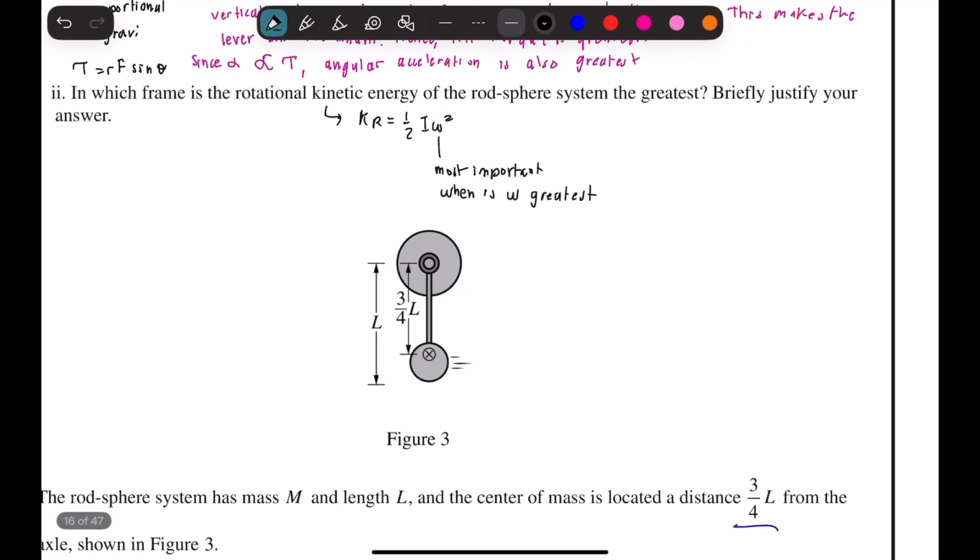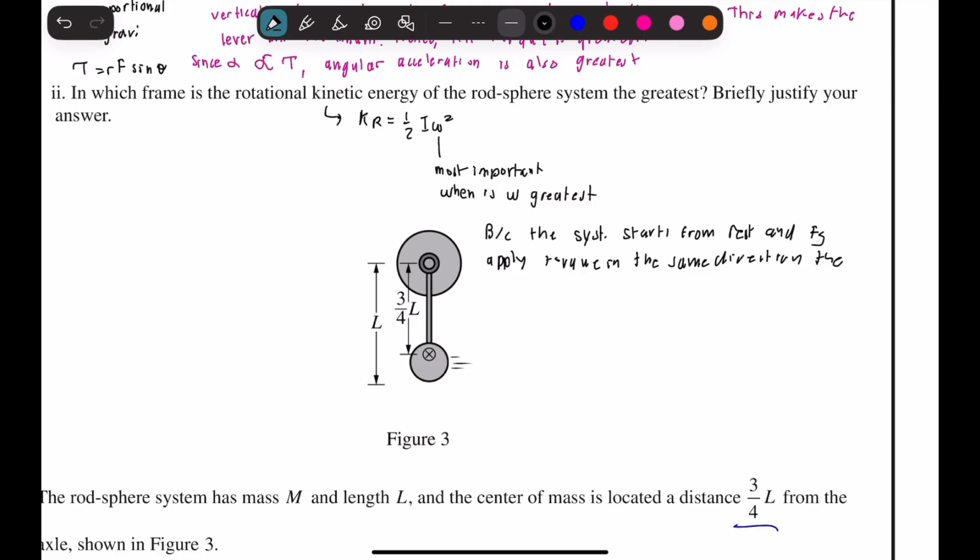And this is because the system starts from rest and FG applies torque in the same direction the entire time, and we know the system continuously speeds up.